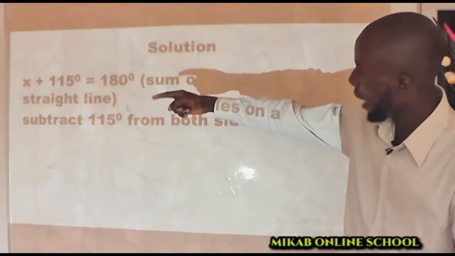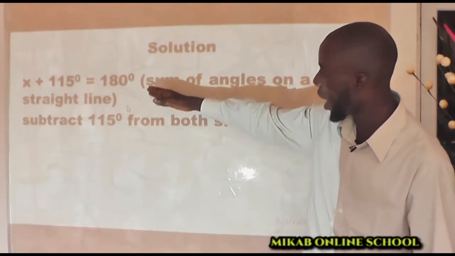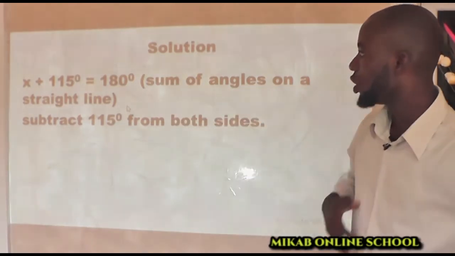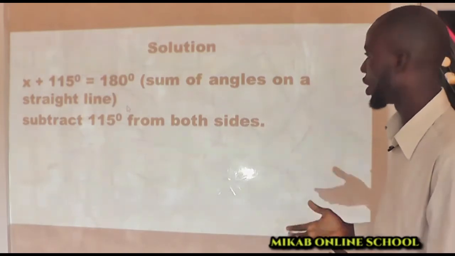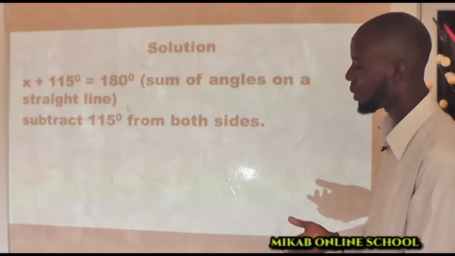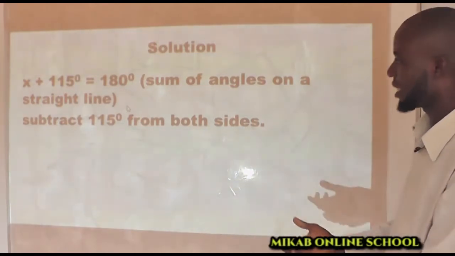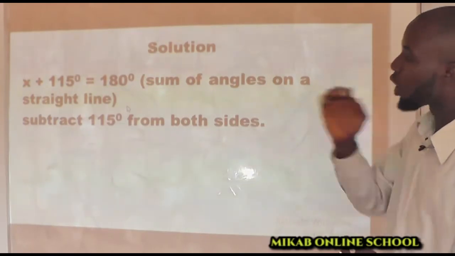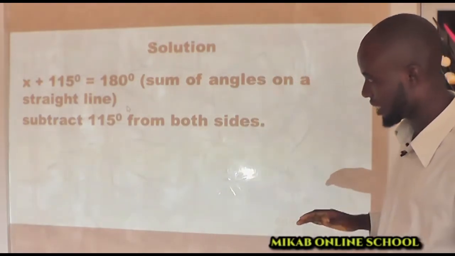x plus 115 degrees must equal 180 degrees. You can give the reason to be sum of angles on a straight line, or the two of them are supplementary, or the two of them are adjacent angles, because the summation must equal 180 degrees.